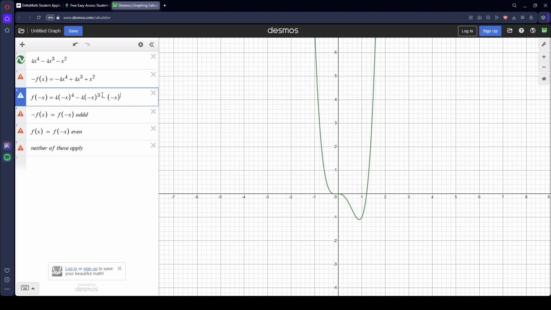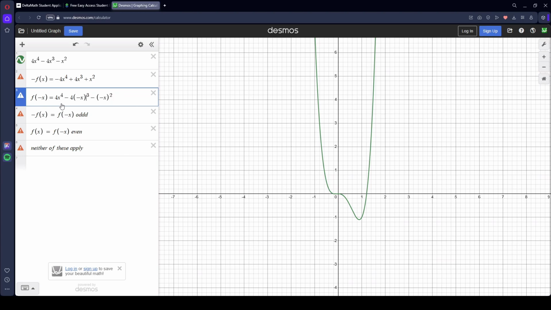Okay, let's simplify this. Negative x to the power 4, that's just x to the power 4. Now we do 4x4, right?